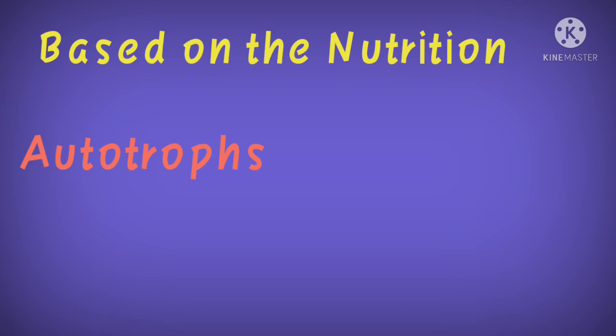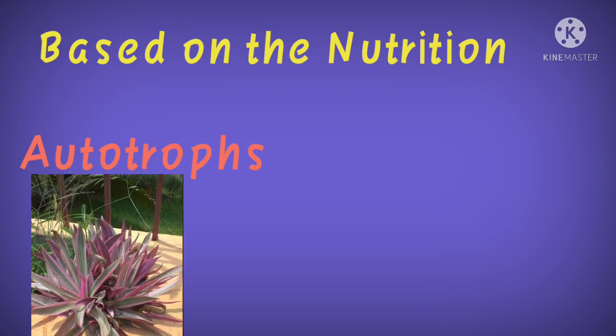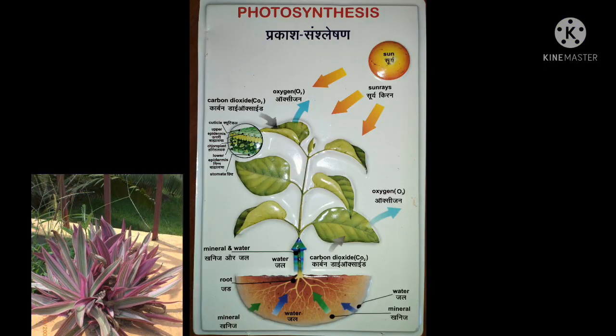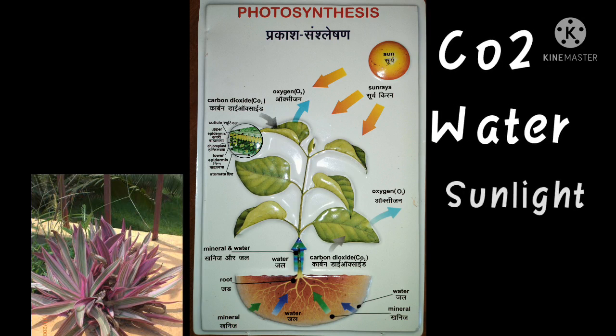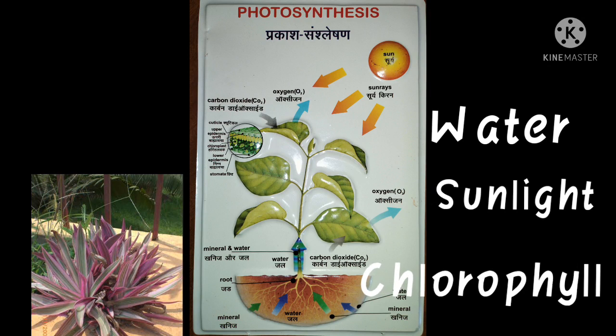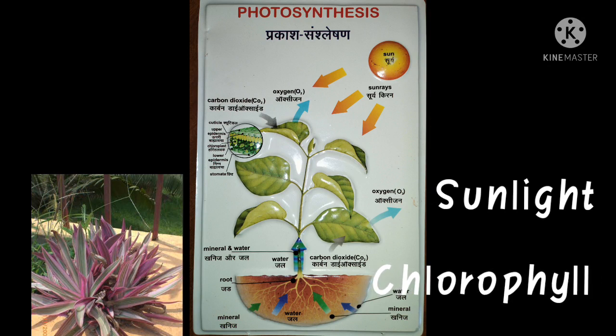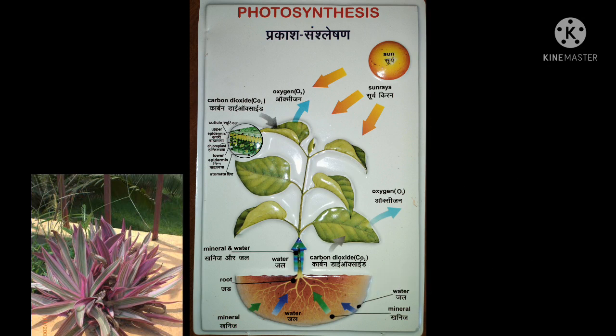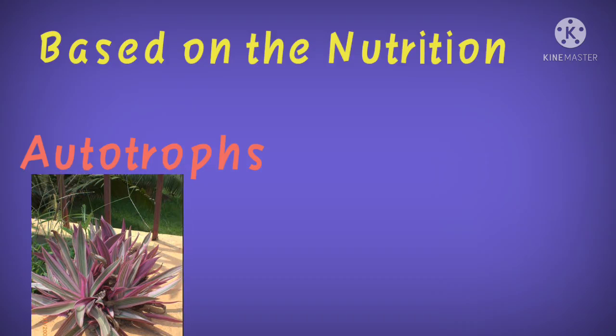For example, plants. These prepare food using some factors. They are CO2, water, sunlight and chlorophyll. This process is called photosynthesis. So autotrophs are plants.